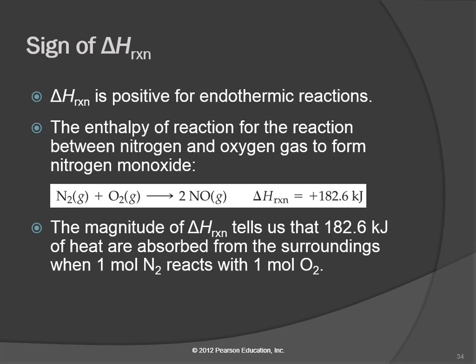So from my perspective, if I give money to Chris, to me that's negative because it's leaving my wallet. But to Chris, it's positive. So we have to put ourselves in the position of the reaction. This reaction has delta H plus. That means energy is coming into it. That's an endothermic reaction. Where does the energy come from? It comes from the surroundings.